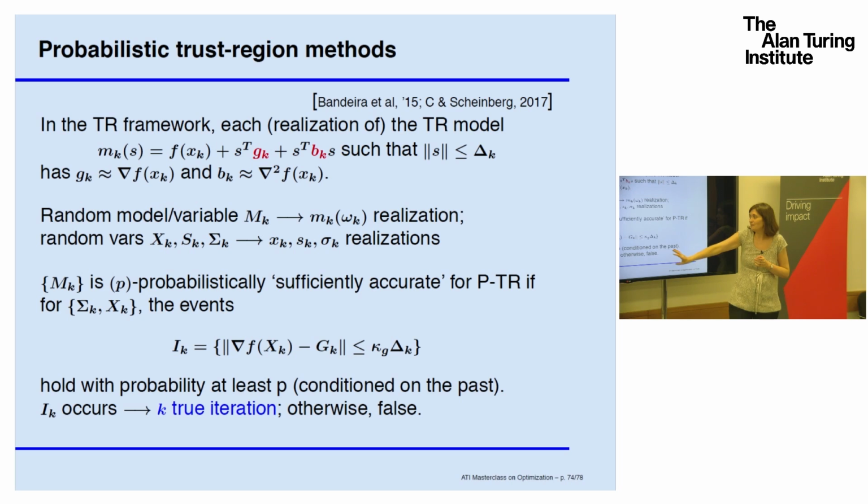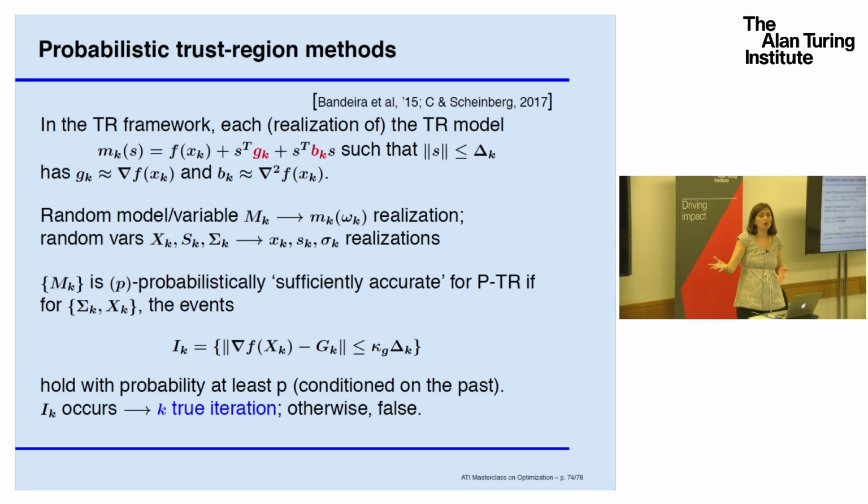This sampling is accurate only with a certain probability per iteration. So in some iterations, it could be terrible. It could be profoundly inaccurate. It could be biased, provided that from time to time it holds.